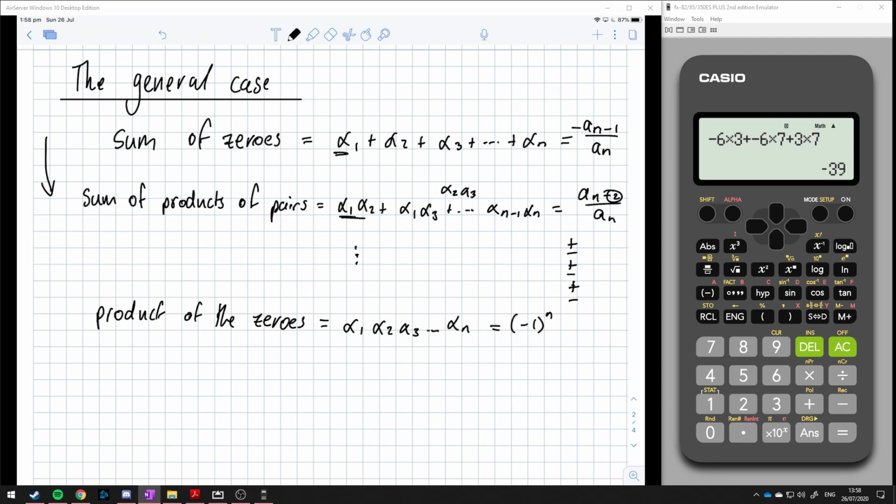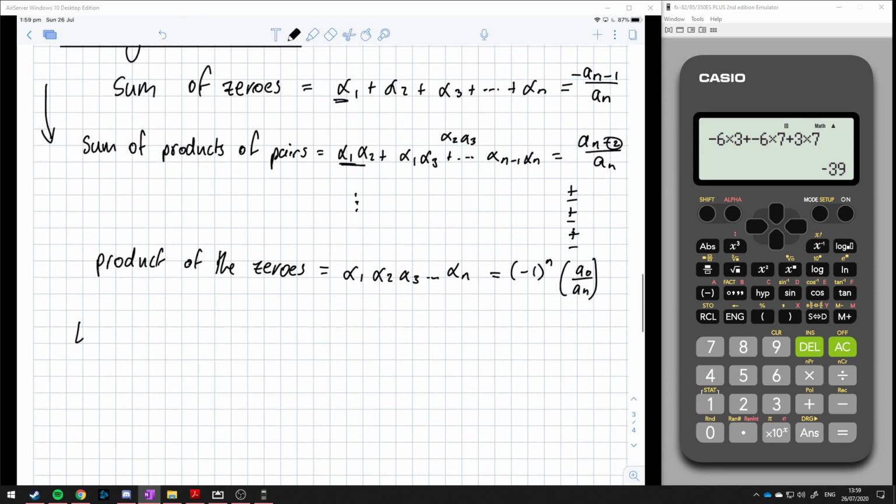But if it's an odd number of zeros, then it's going to give you a minus 1. And that is a 0 over a n. Okay, and so that's the last one. So it's basically saying take the constant term and divide it by the first term's coefficient. Okay, and as I said, I'll show you what this looks like with a quartic.